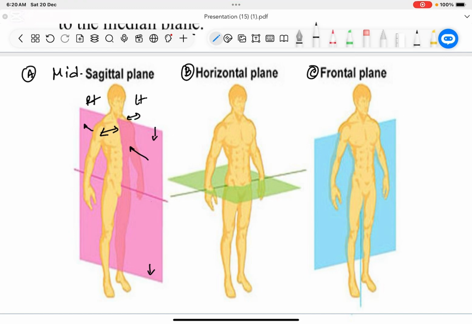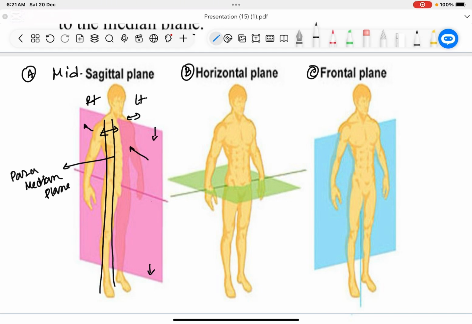If I draw one more parallel vertical line close to this mid sagittal plane, what will be the name of this one? It should be the paramedian plane. And if I draw one more vertical plane, also parallel to the mid sagittal plane but a little bit farther away from it, this is called the sagittal plane.